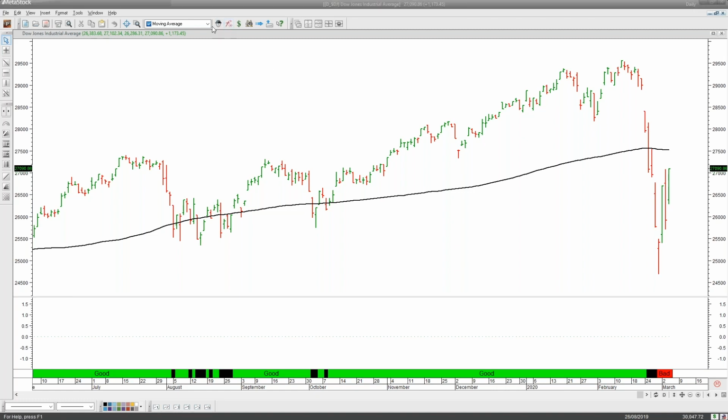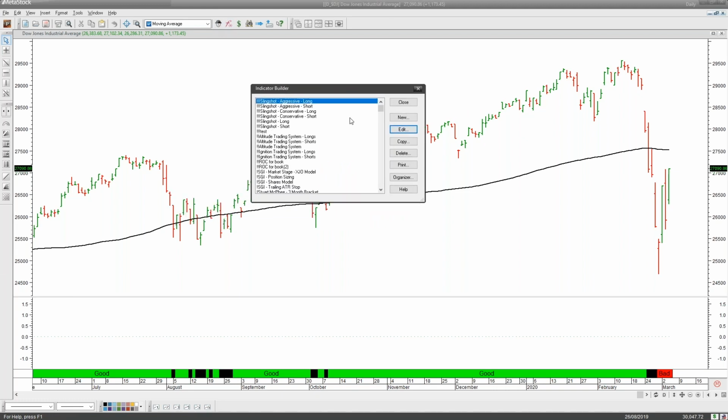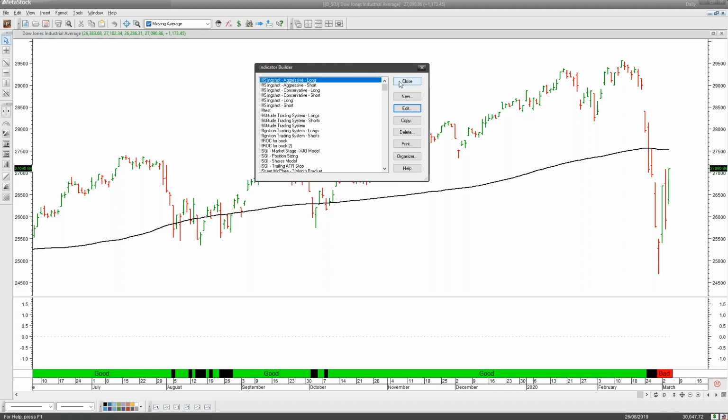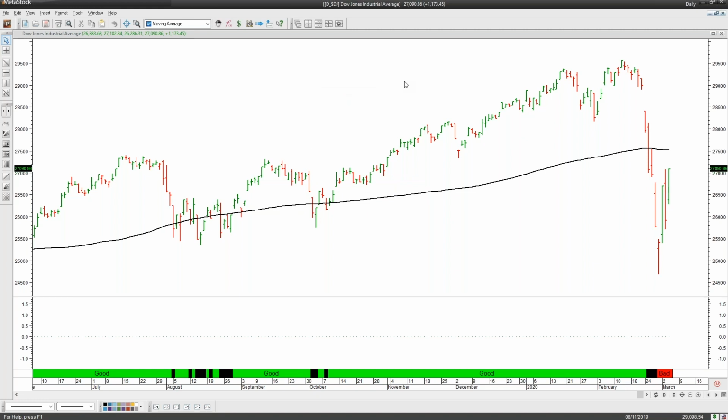Many of you will be familiar with the indicator builder, and you'll notice I've got lots of different things that I've created for myself over the years, using the formula language to put a mathematical concept into an indicator.